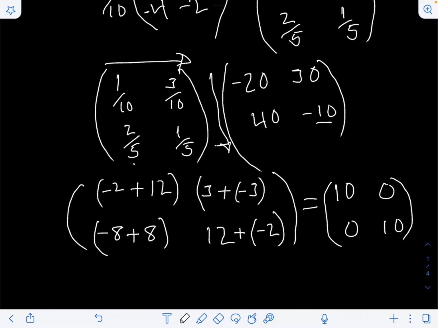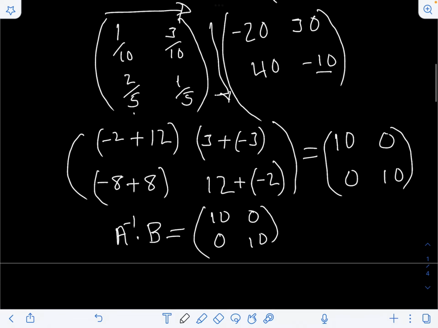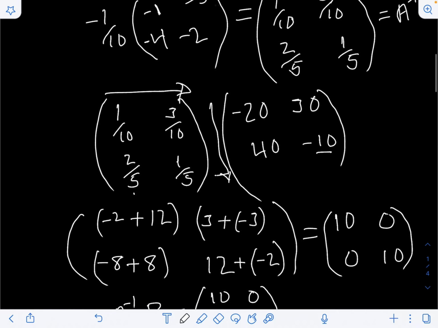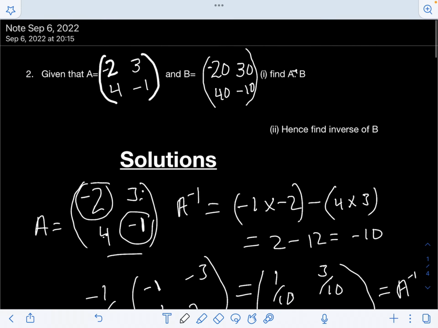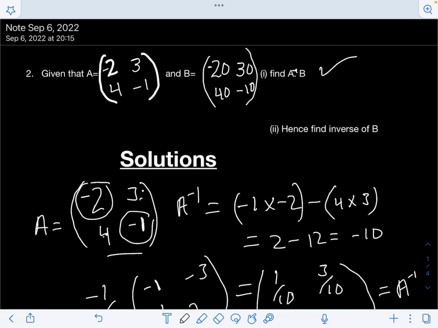So the inverse of A times B is 10, 0, 0, 10. So we solved our first part. It's very easy.